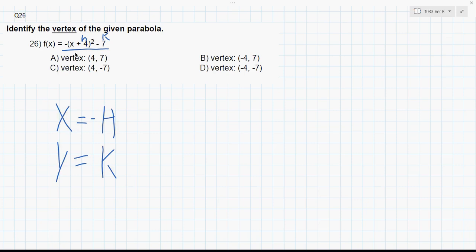Knowing that, if my h is positive 4, that means that my x equals negative 4. And then I know that my k will just equal negative 7. So I look around and go, 4, 4, yep, I already know it's going to be D. And my answer is done for this one.